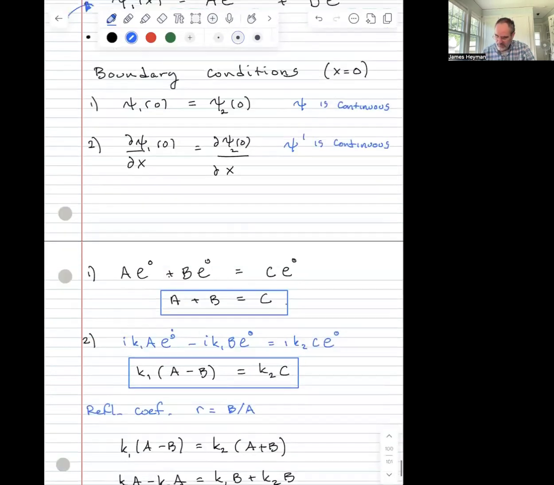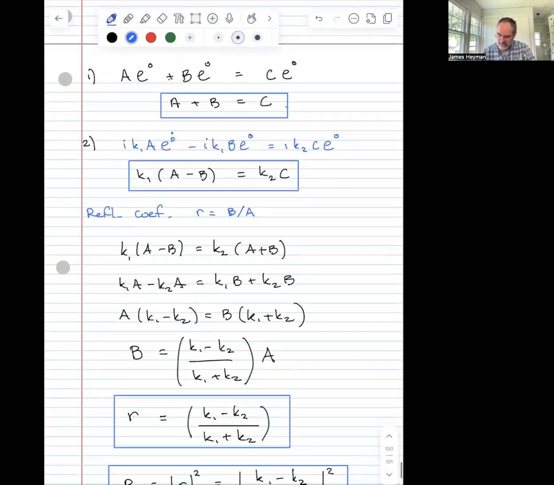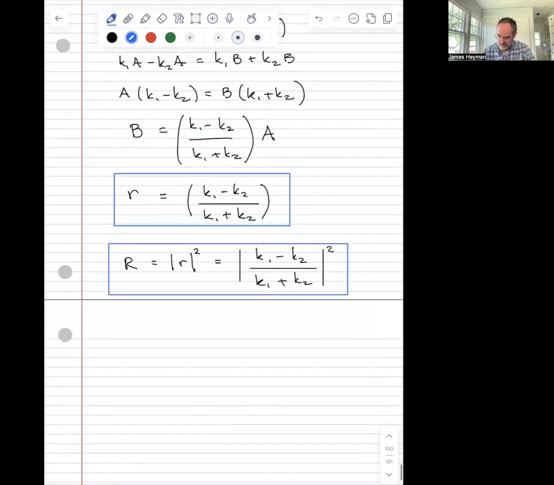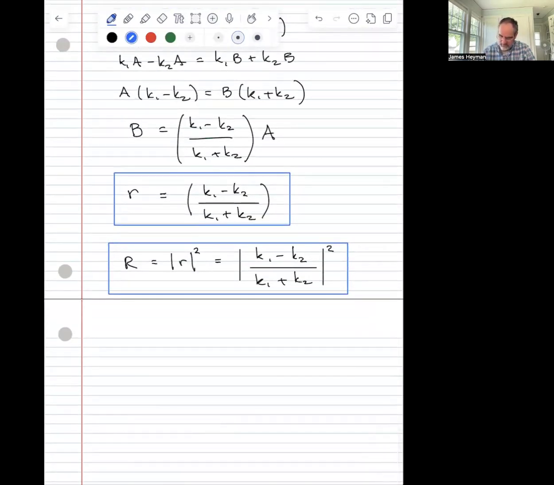Well, the second thing we can find is the transmission probability. Let's see.